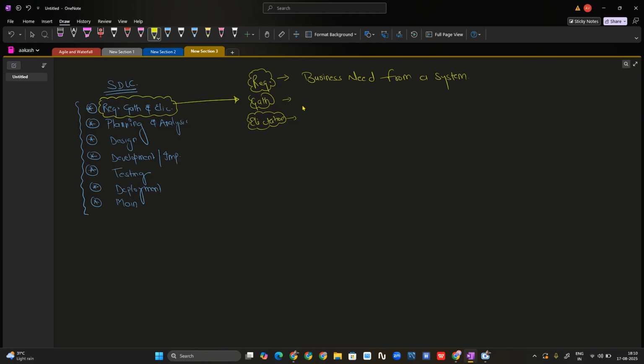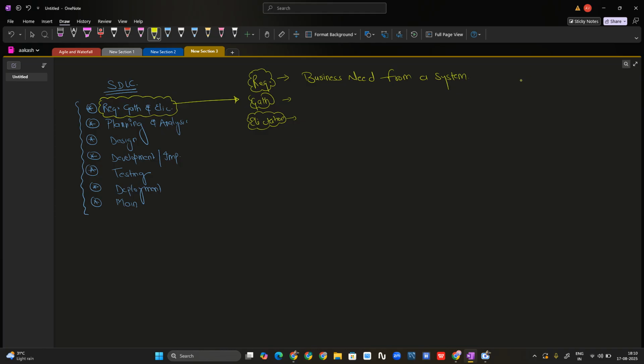Let's suppose that the client wants an e-commerce website, and we all know that an e-commerce website has a registration page, a login page, a product listing page. But the client needs a login page. So what is the login page here?